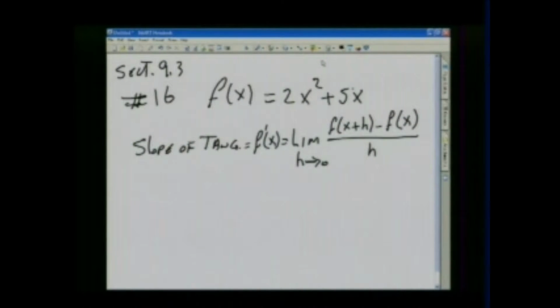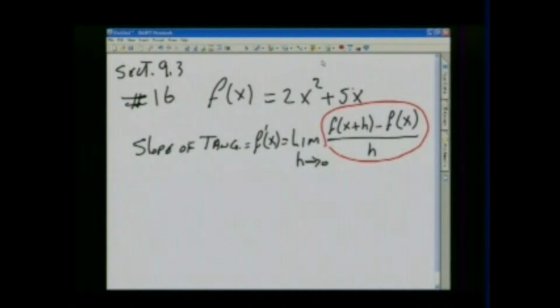So what we have to do is go through steps and evaluate this function. Once we simplify it, then we force h towards 0, and that's how we find the slope of the tangent line or the derivative.